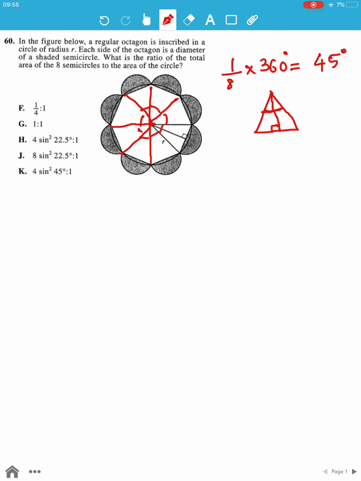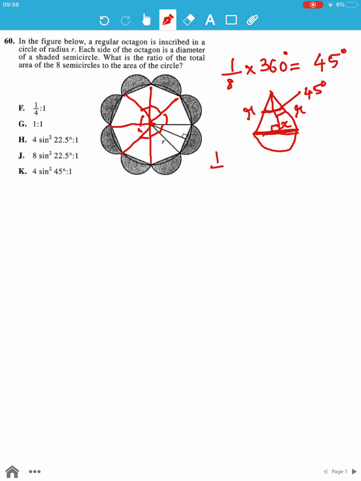So this entire angle is 45, and we have R here and R here, and this side represents the diameter of the semicircle. If I want to find the radius of the semicircle, I would label this as x, and this total, which is 45, we would take half of it.